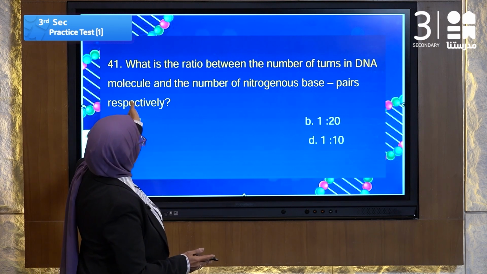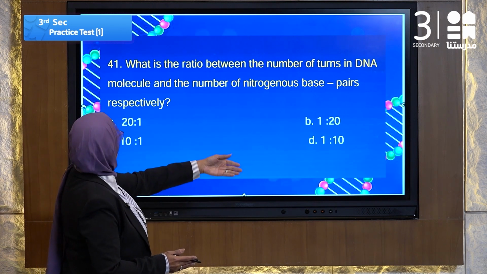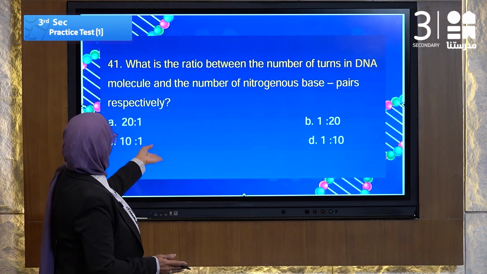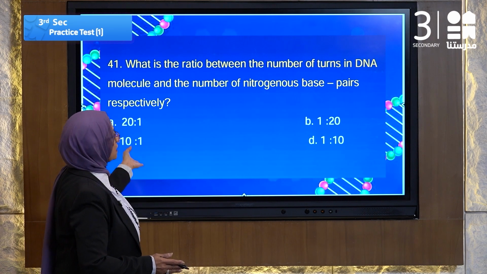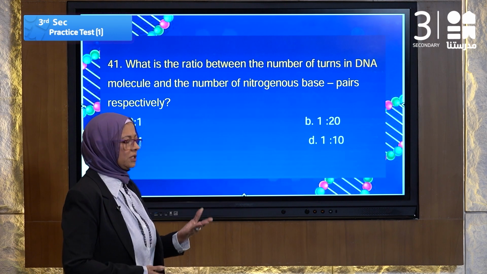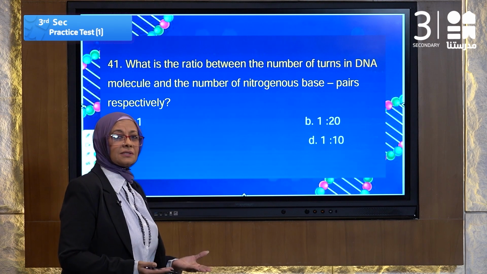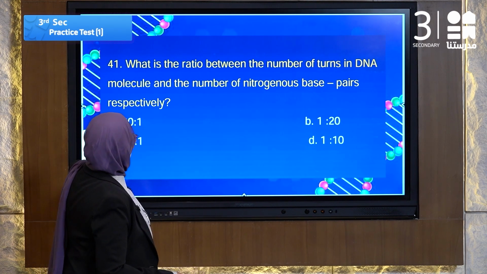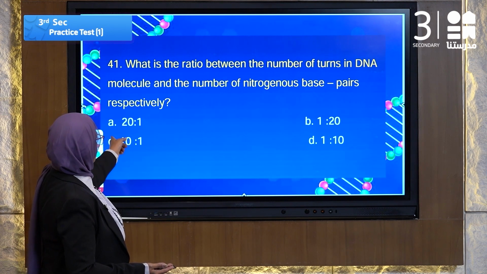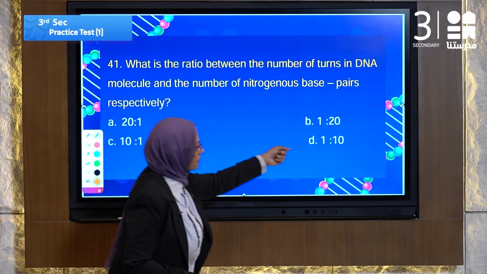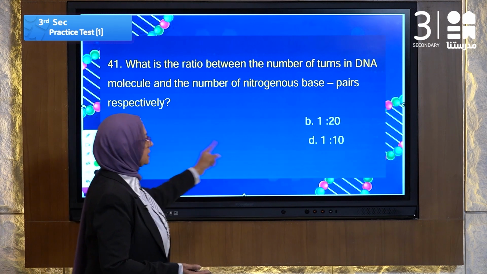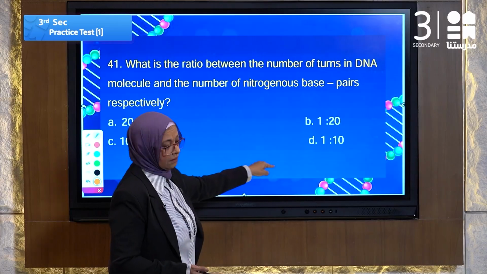What is the ratio between the number of turns in DNA molecules and the number of nitrogenous bases, respectively? Nitrogenous bases are adenine and guanine, cytosine and thymine. A, 20 to 1; B, 1 to 20; C, 10 to 1; D, 1 to 10.